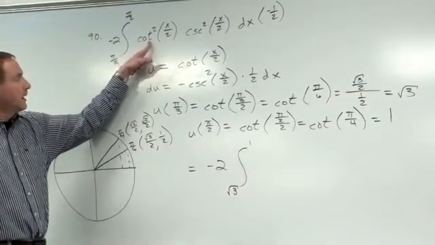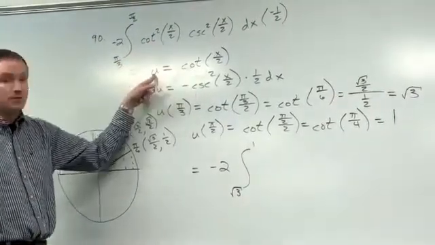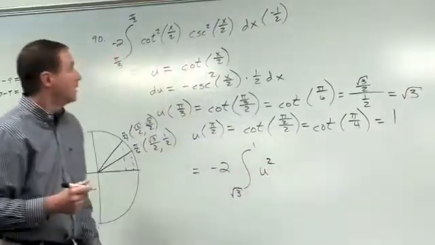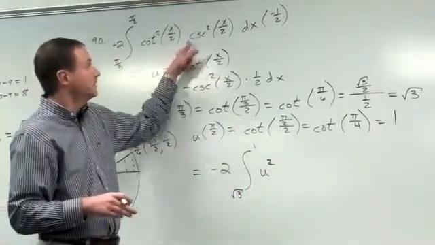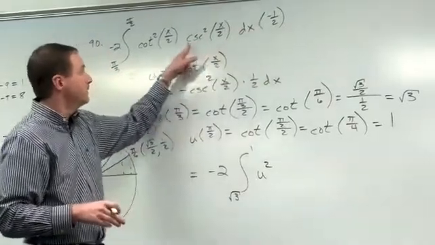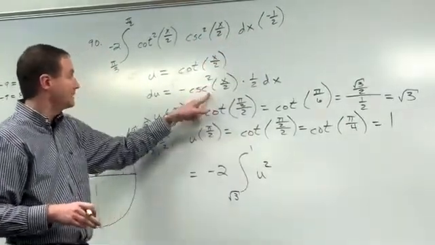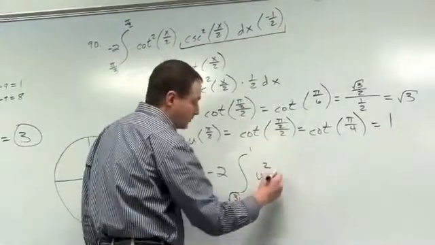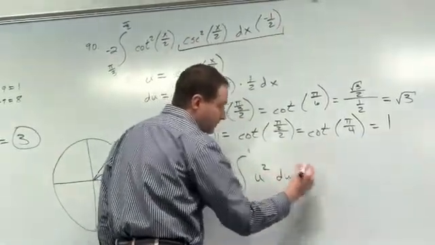Cotangent squared x over 2, we know that becomes u squared. Everything else here, -1/2 cosecant squared x over 2 dx, all of that is du. So every bit of this gets replaced with a du.